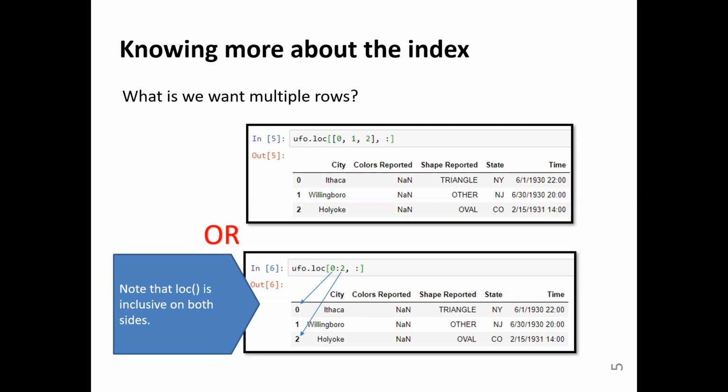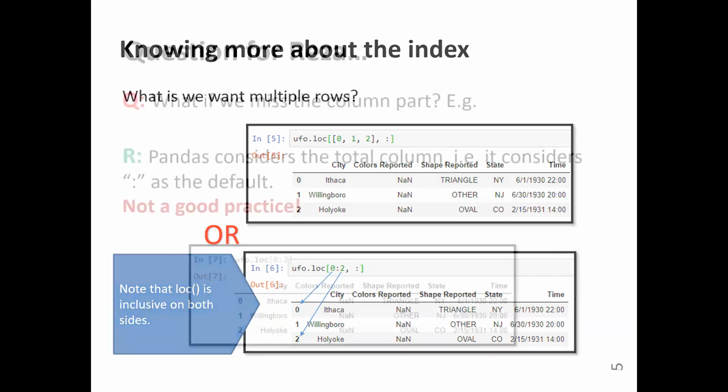It shows city all the way to the end. Don't worry, you're going to have that in no time. But even in that one, it's going to show inclusive on the right side too, right? It's not going to say from city all the way to state, but not state.